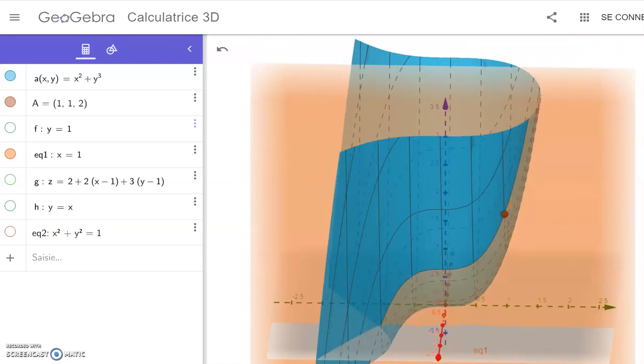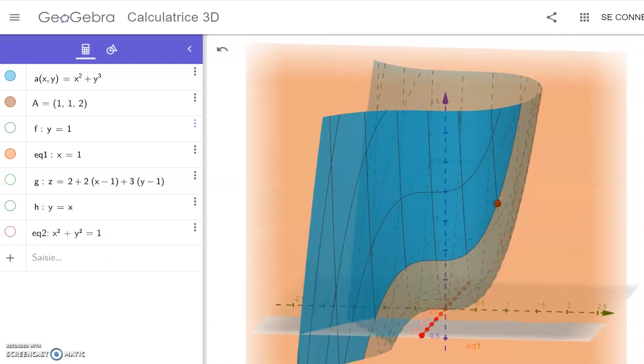That gives you the curve you see at the boundary between the surface in blue and the plane in orange. Again, if you compute the slope of the curve you obtain, it corresponds to the partial derivative in y, for a fixed value of x equal to 1.